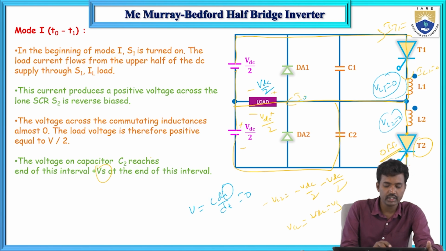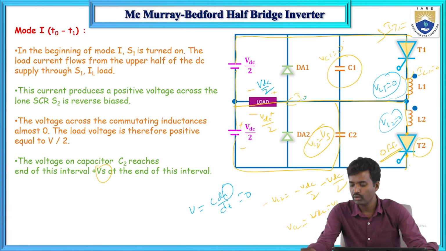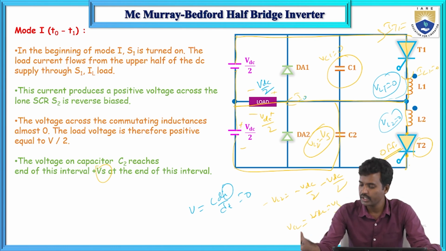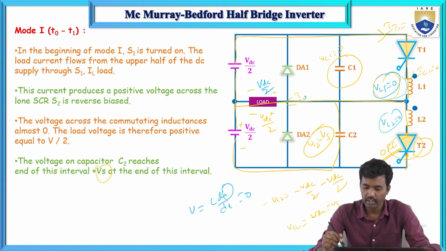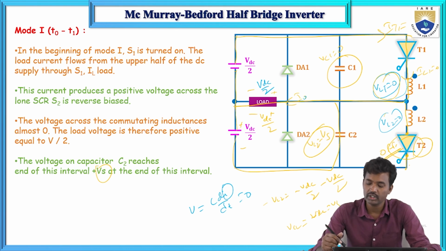The voltage across the capacitor reaches, at the end of the interval, VC2 equals VS, and VC1 equals 0. VL1 equals 0 and VL2 equals 0, and this is turned off. The voltage across T1 is 0, that is a short circuit.